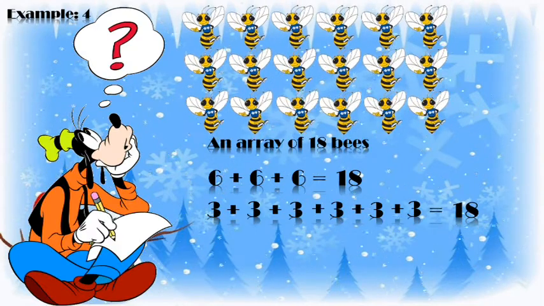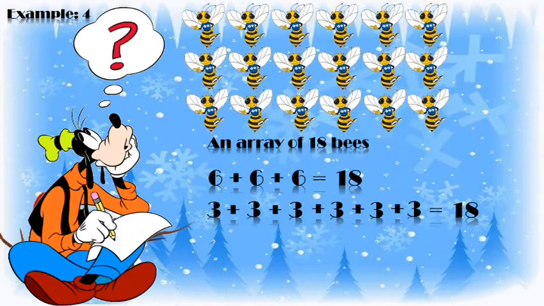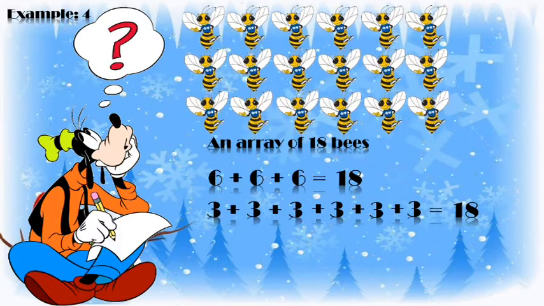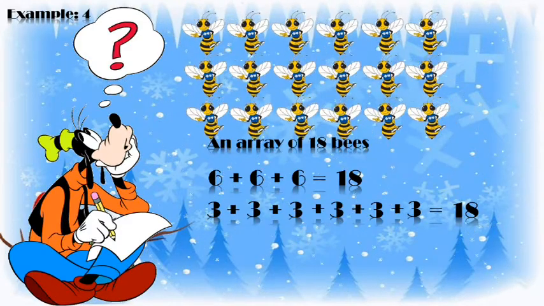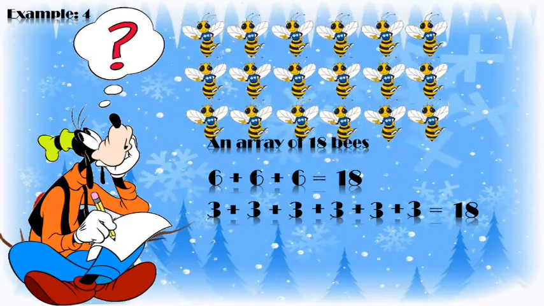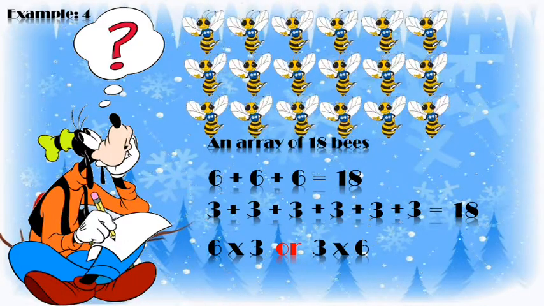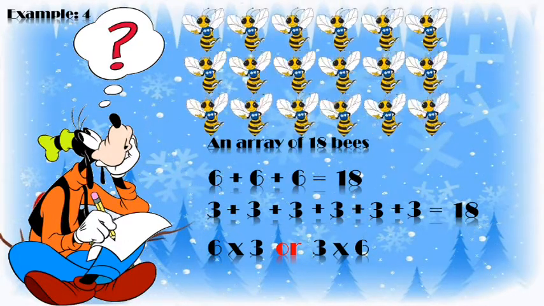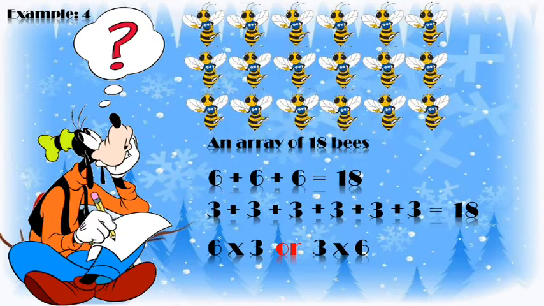Which means 3 added 6 times by itself equals 18. And if Goofy is going to write it as a multiplication sentence, then 6 times 3 or 3 times 6 is still the same. We get the same answer.